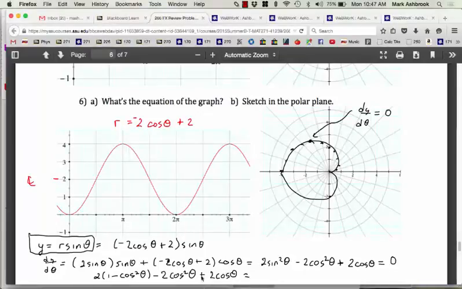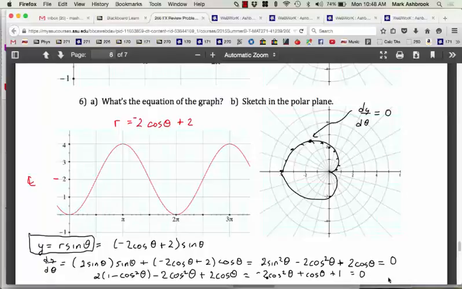All right, let's get rid of 2's. So all the 2's can go since we're setting it equal to 0. Divide by 2. And then after we do that, we're going to have minus 2 cosine squared, and we're going to have plus 1 cosine, and plus 1.